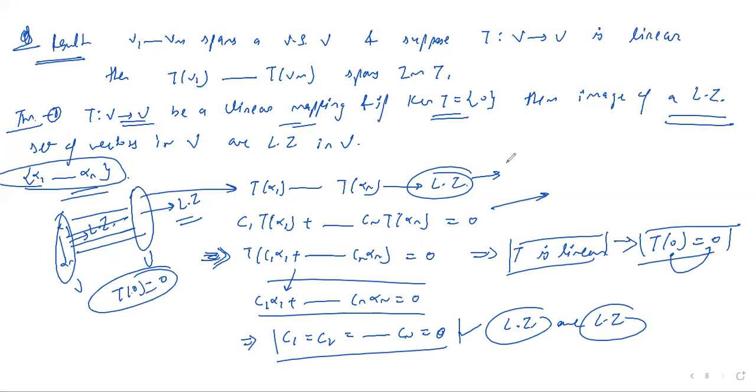So the corresponding result is that if I have a linear mapping and the kernel of T is 0, then the images of a linearly independent set of vectors in V are also linearly independent in U.